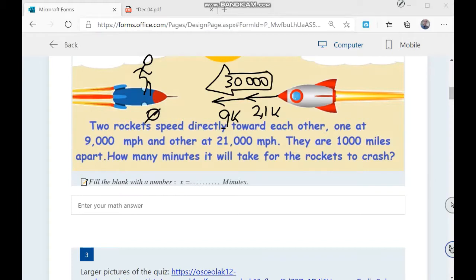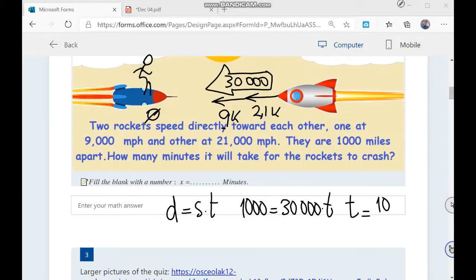Right? Now we can calculate fast, because distance equals speed times time. The distance is 1,000 equals speed 30,000 times time. The time is going to be 1,000 divided by 30,000. This is 1 over 30. Time is 1 hour divided by 30.